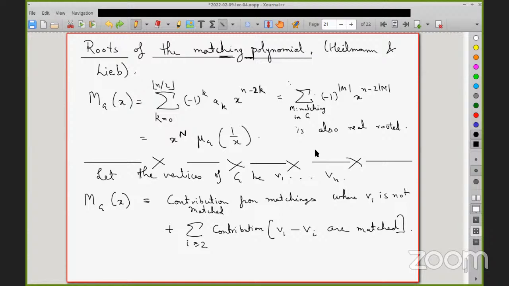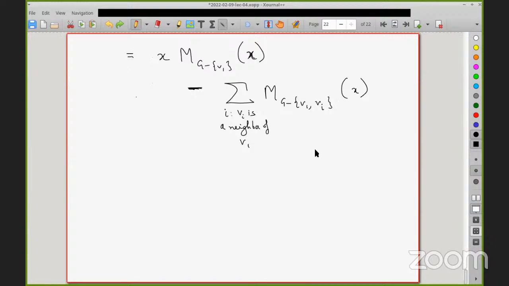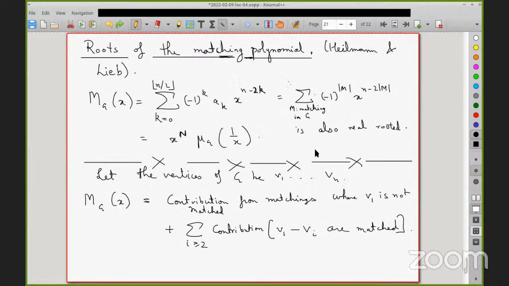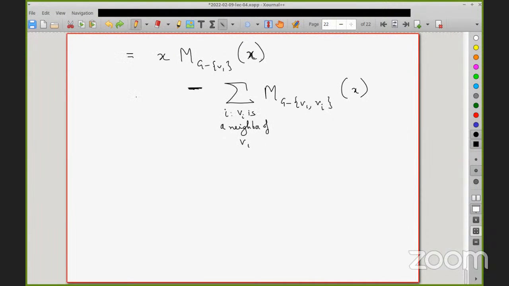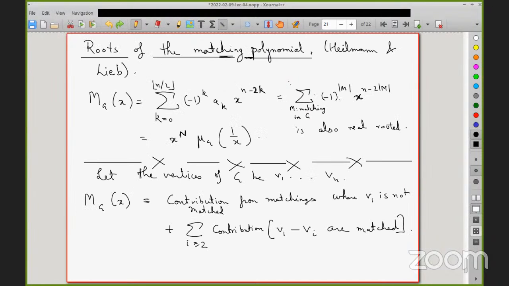If it is not matched, those terms are just like a matching in G minus V1, except that V1 will now contribute an extra X term, because each vertex that is not matched contributes an extra X. So you get X times m of G minus V1. That's the total contribution of those. Now, which other vertices can V1 be matched to? It can only be matched to its neighbors. Suppose it's matched to Vi.